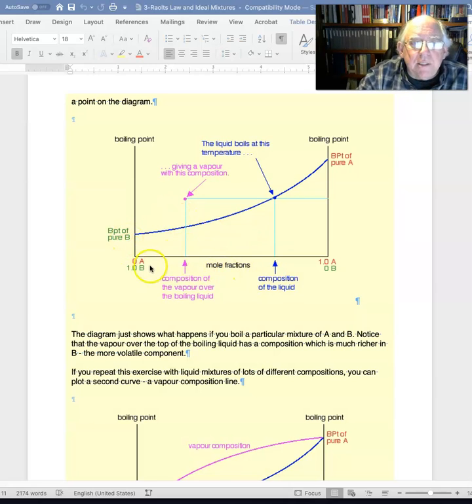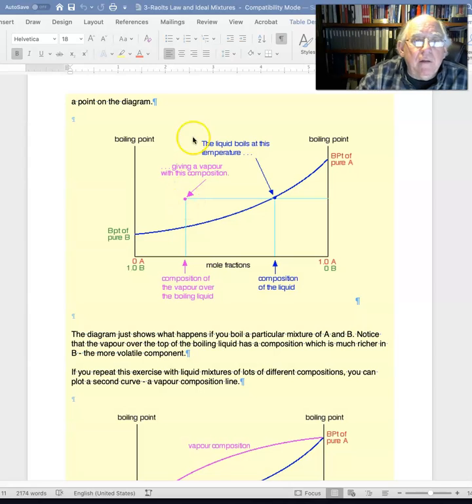And so, for instance, if this was a 2/3 to 1/3 mole fraction of A and B, it might go to 1/3 to 2/3 B. And so we go from this point, which is the composition boiling point of the liquid, to the composition at the same boiling point of the vapor.